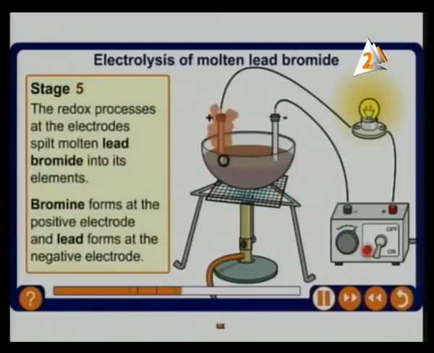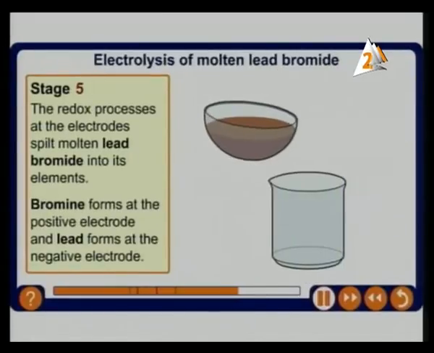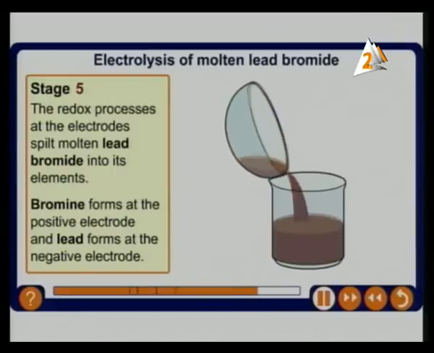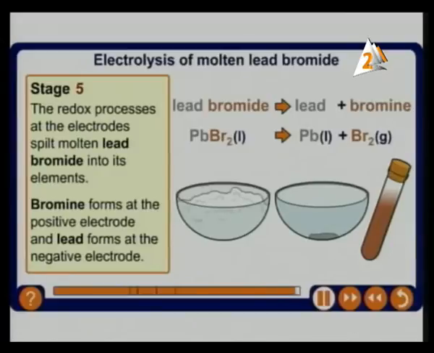What about stage number 5? The redox process at the electrodes splits molten lead bromide into its elements. Bromine forms at the positive electrode and lead forms at the negative electrode.